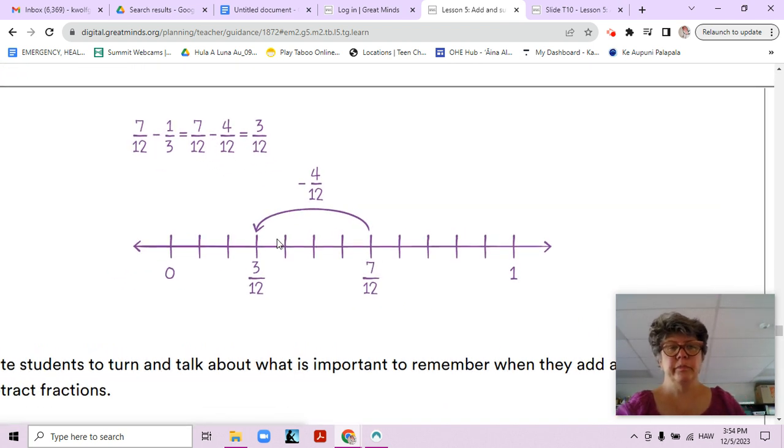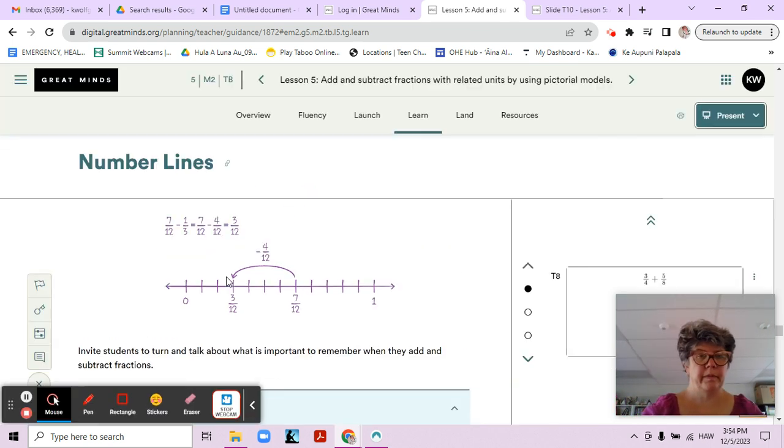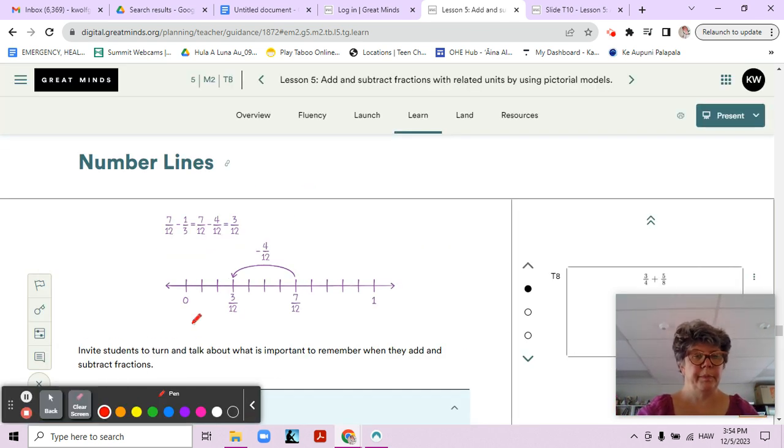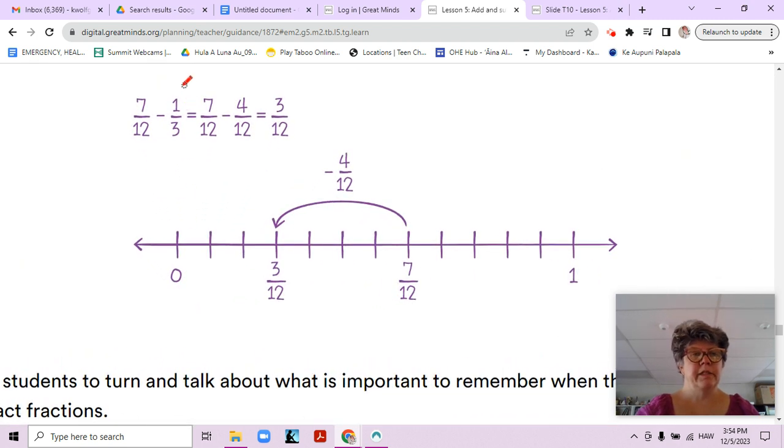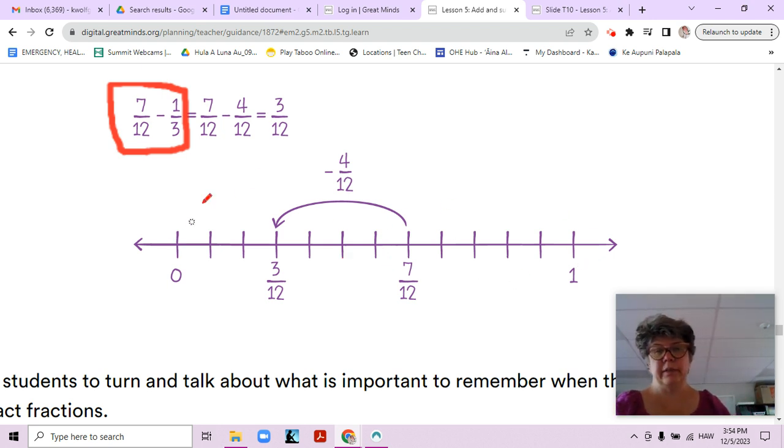Okay. So grab a pen here. 7/12 minus 1/3. That's our problem. We make a number line and we're subtracting, right? So we only have to make our number line between 0 and 1.